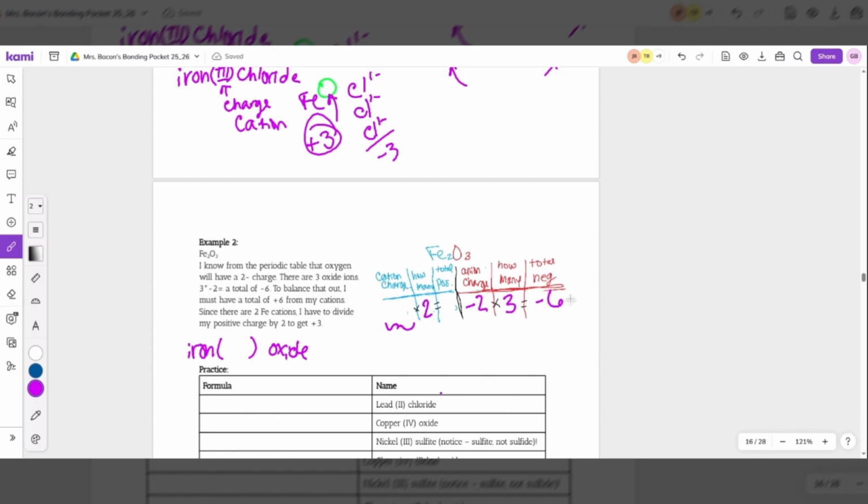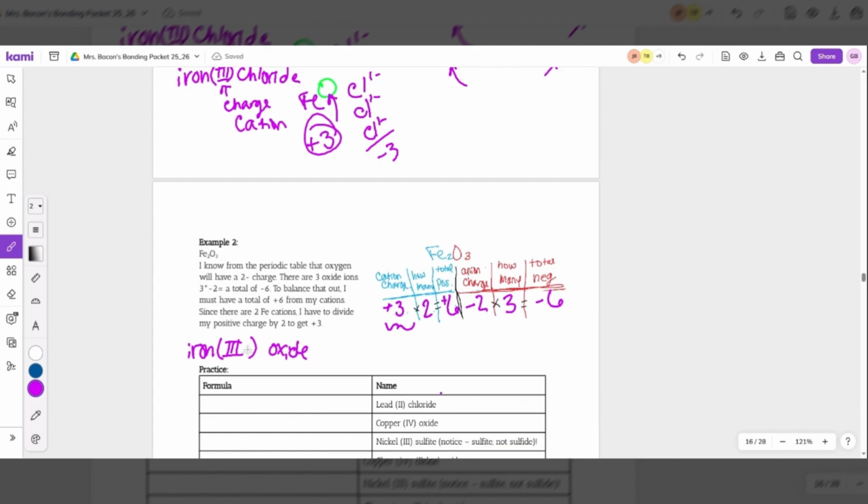To balance that out, that means I must have +6 over here on the side of my irons. My cations must also be +6, which then I can work backwards to figure out is a +3. So this is going to be 1, 2, 3. It's kind of like the anti-crisscross. I'm kind of uncrisscrossing to get back to what was the charge on that cation.